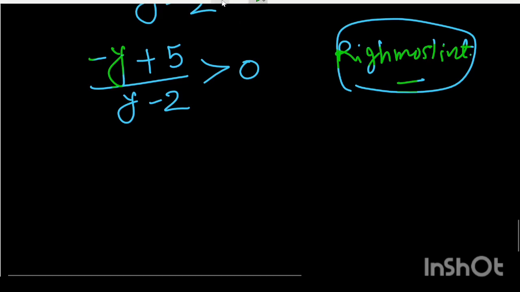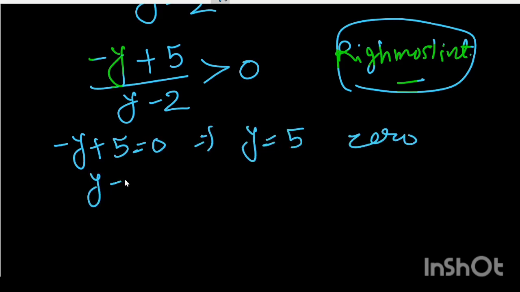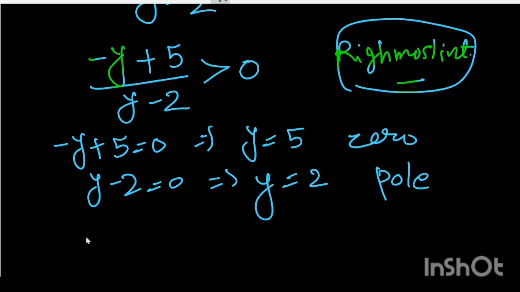So the zero is minus y plus 5 equal to 0, so y equal to 5 is one of the zeros, and the pole is y minus 2 equals 0, which is y equal to 2. This is one of the poles. So we will plot them, 2 and 5.